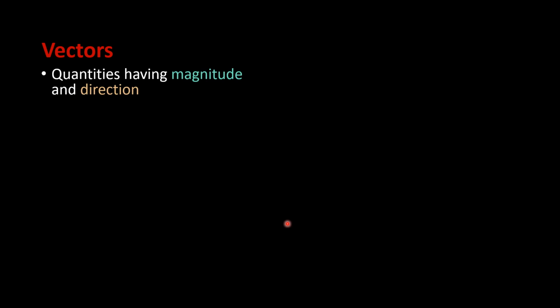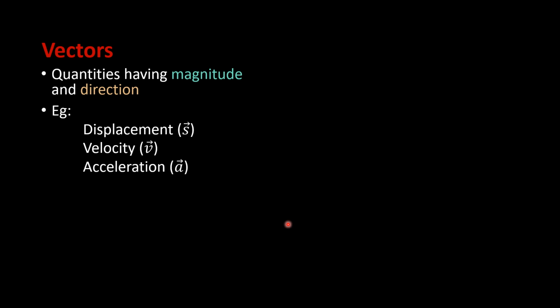Now let's get to the topic of vectors. So vectors can be defined as quantities having both magnitude and direction. Examples for vectors could be displacement, velocity, acceleration, force, and moment.